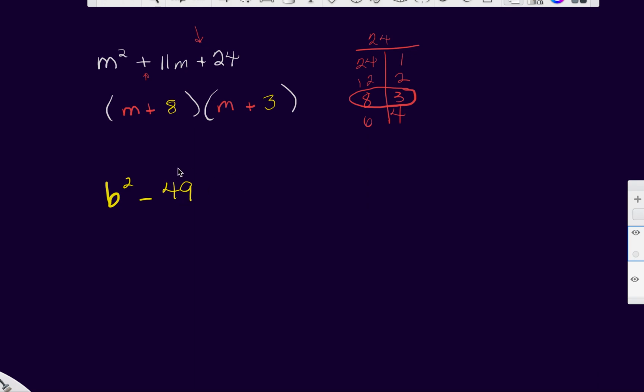And it's going to say factor this. And you're going to say, sir, come on. What is that? Well, or you could also have an equation that says b squared minus 49 equals 0. Well, you can solve this too. So we can almost solve them the same way. The idea is the same.